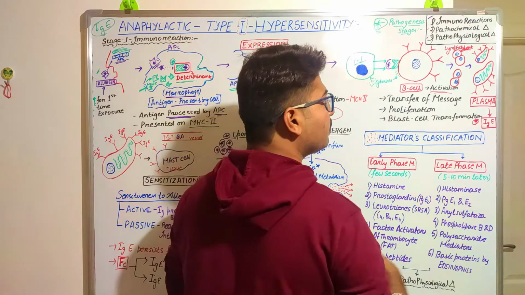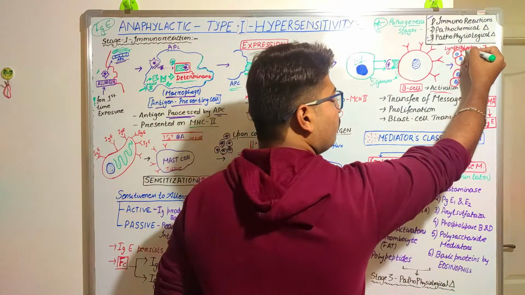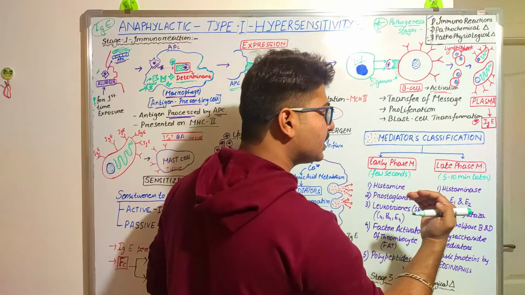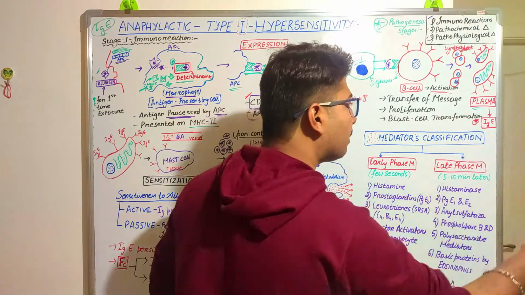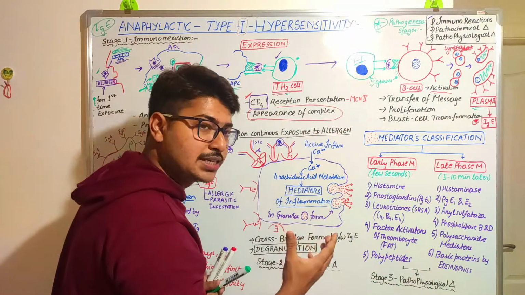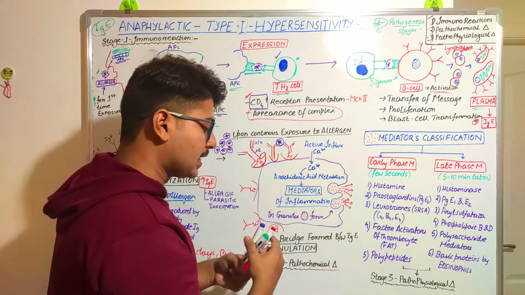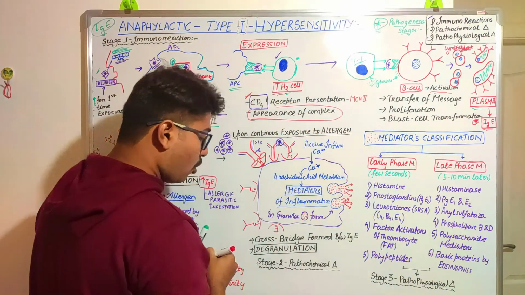After that, what will take place? The blast cell transformation. From the lymphoblastic stage, it will proliferate and differentiate into a certain specific cell that we call plasma cells or plasmacytes. These are the cells responsible for producing the antibodies and they are known as IgE producing cells of B lymphocytes.